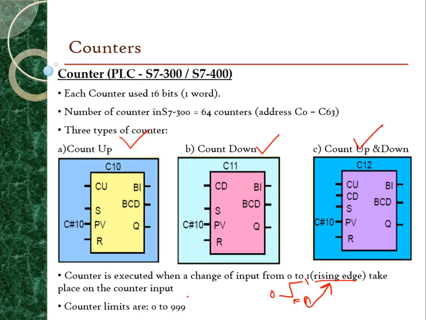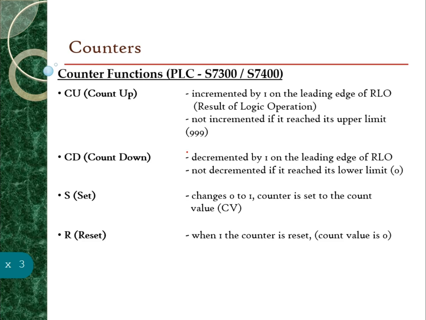The counter limits are normally 0 to 999. The counter can be found at some address in the PLC. For example, in the S7-300, there are 64 counters available, addressed from C0 to C63.